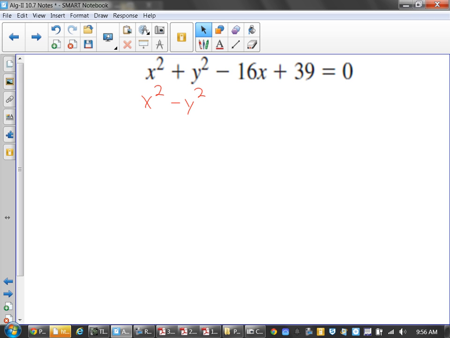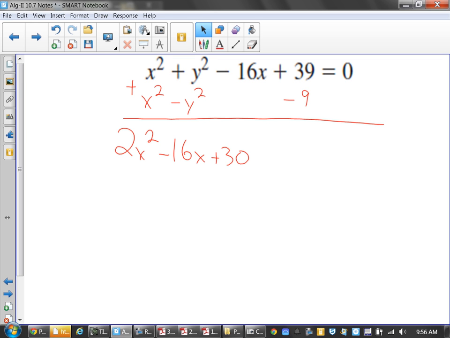Yes. Okay. What I'm doing here is just grouping them together. Everybody okay with that? I just line them up alongside one another. When I add them together, I'm going to get the following: 2x squared minus 16x plus 30 equals 0.